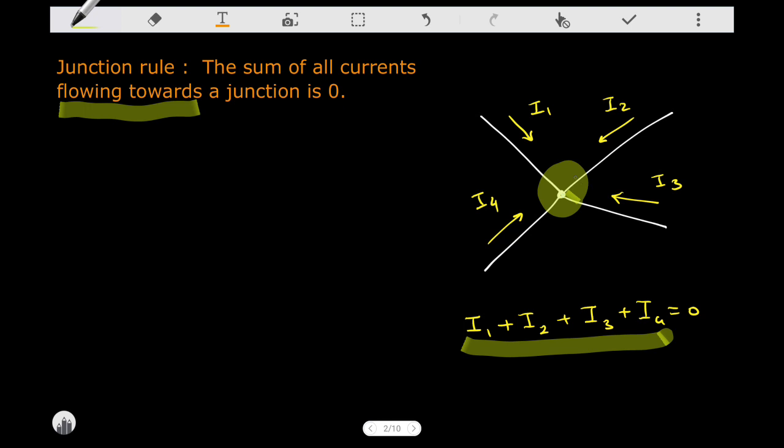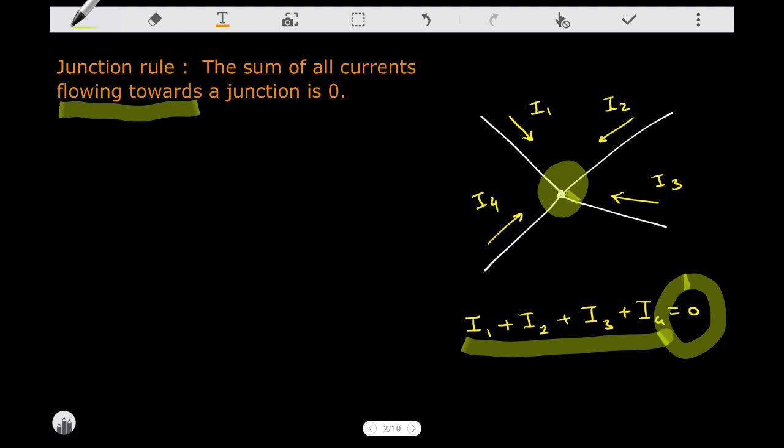In electric circuits, in most steady state situations, there is no charge pileup. So the charge around this junction does not change with time, and this rate of change should be equal to zero. This tells us that the sum of the currents is equal to zero.